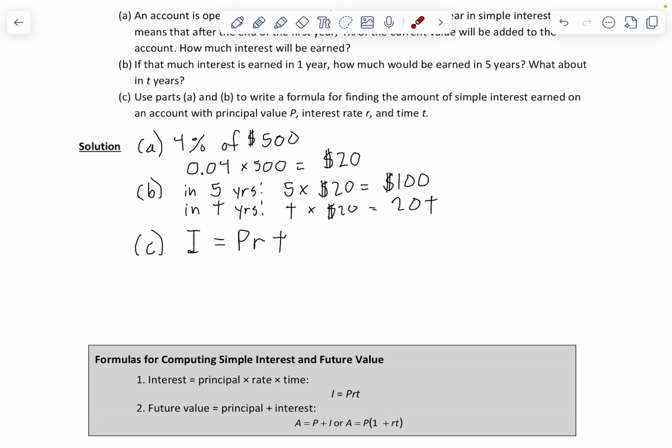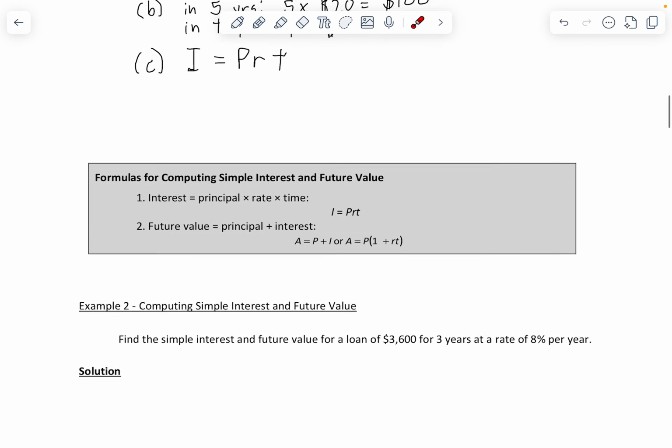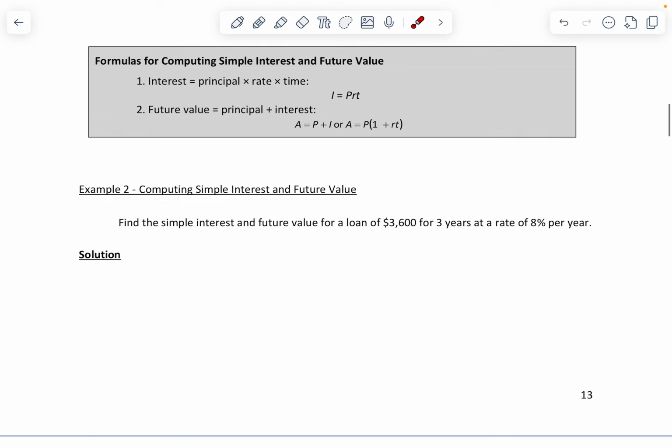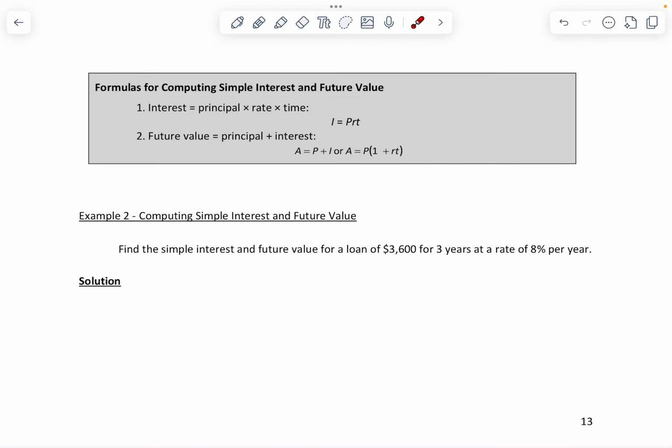Okay, let's look at some examples. Example 2, computing simple interest and future value. Find the simple interest and future value of a loan of $3,600 for 3 years at a rate of 8% per year.